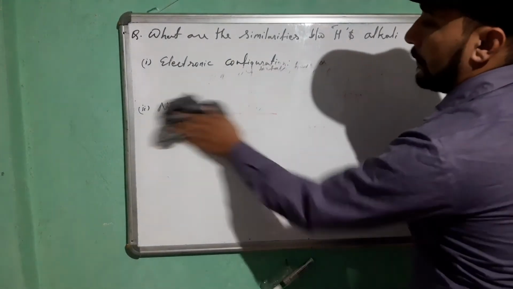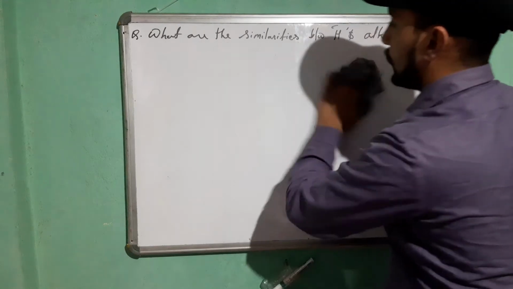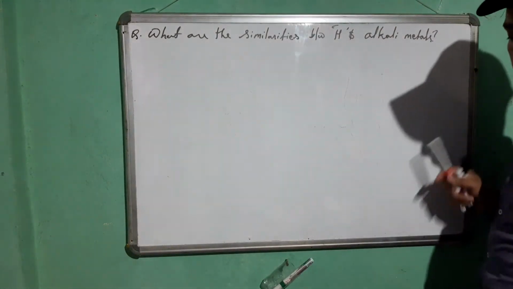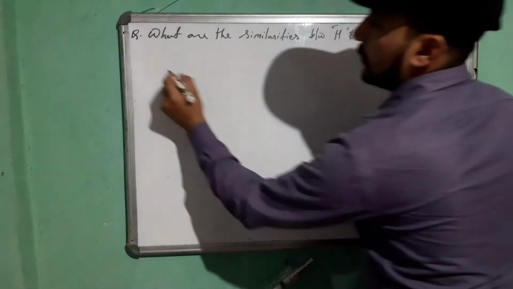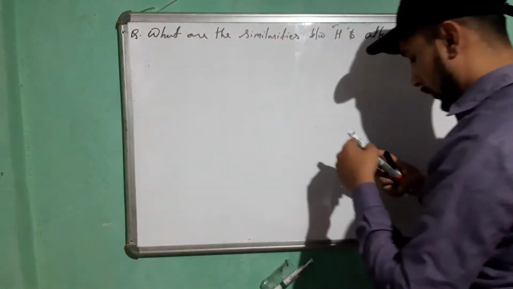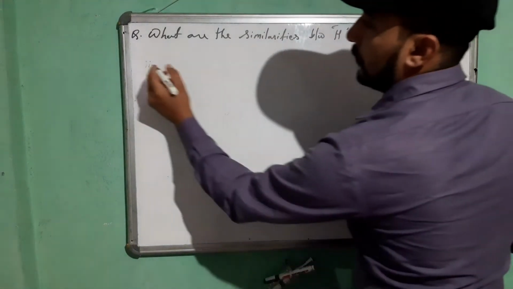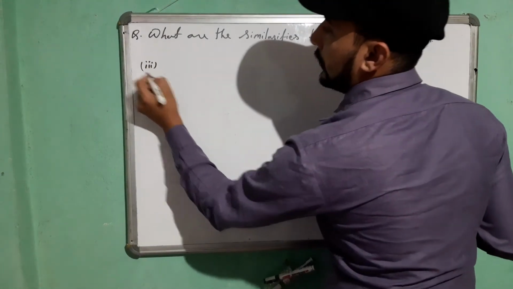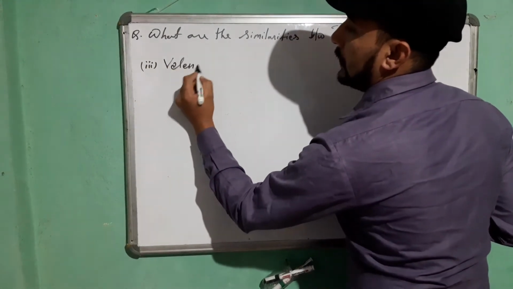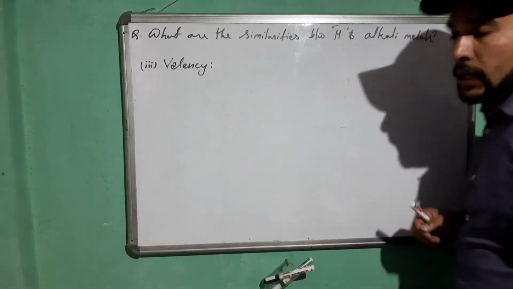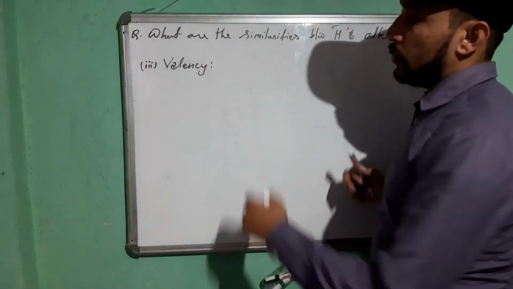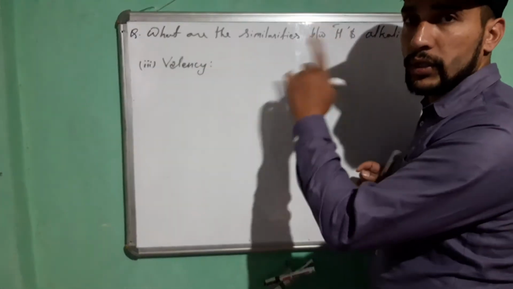Next, number 3, valency. Valency of alkali metals is 1 and hydrogen is also 1.